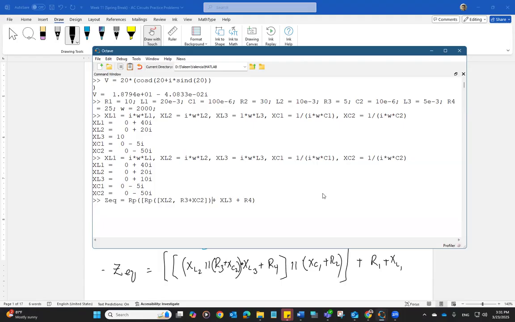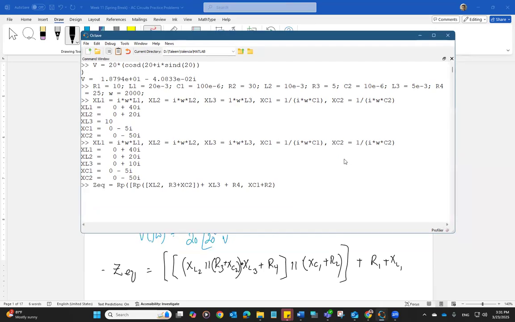This is one complete impedance, and my second impedance in the parallel combination is XC1 plus R2. And then end the square bracket. So this is the whole thing that is written over here. And now this will be added to R1 and XL1. So that's the Z equivalent that I wrote.